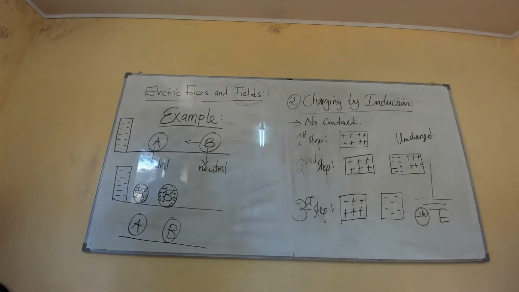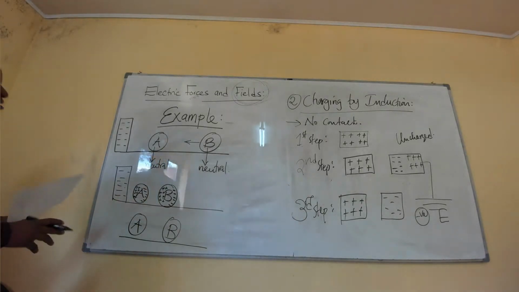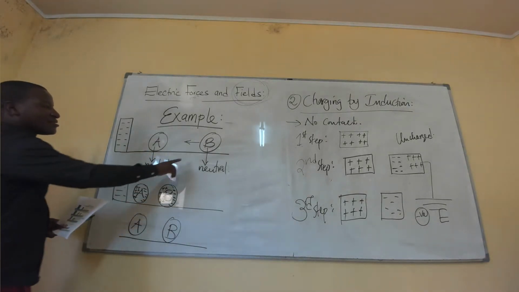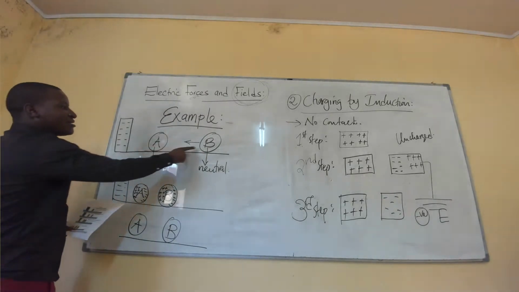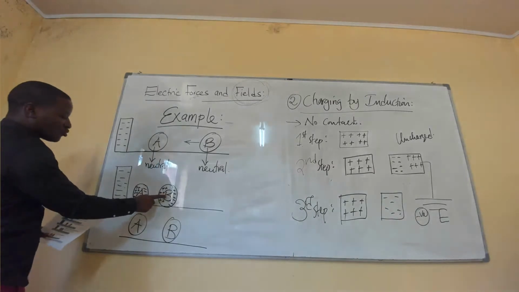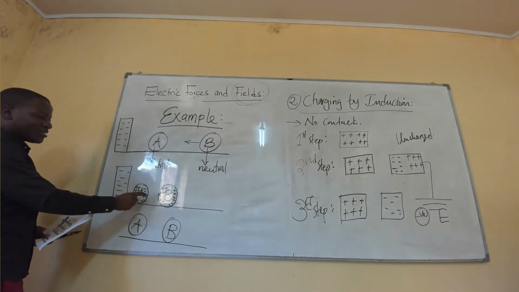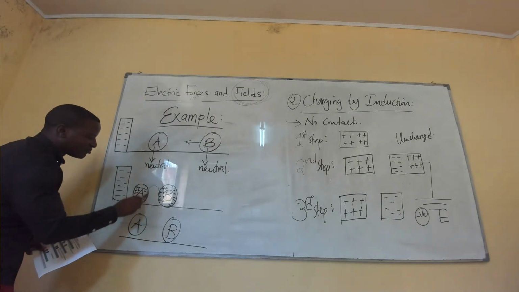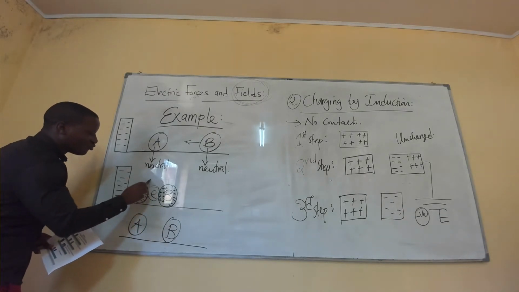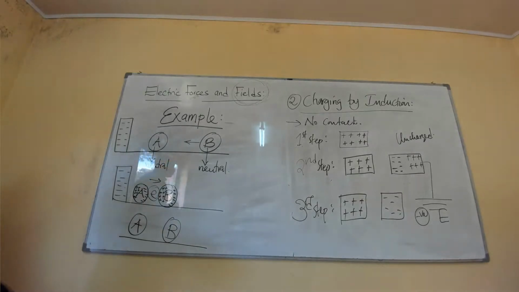Okay. So first of all, what we see is that this is neutral. This is also neutral. When these two collide, they come close to each other, and some electrons are going to move in that direction.